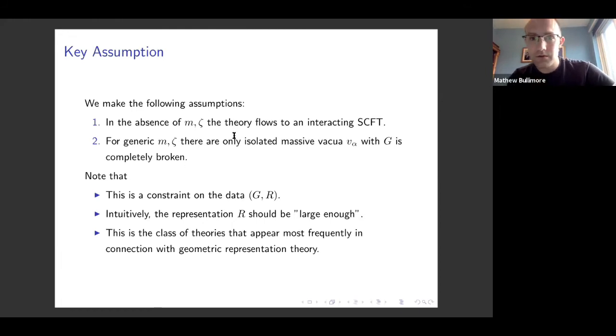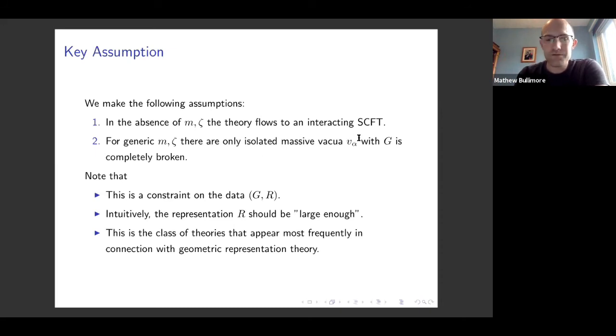The really important assumption is the second one, which is that when I turn on generic values of these masses and Fi's and make them totally as generic as possible, then there are only going to be isolated, discrete solutions to these equations. Or if you like, these functions h and w will only have isolated critical points. There are no moduli spaces of vacua.